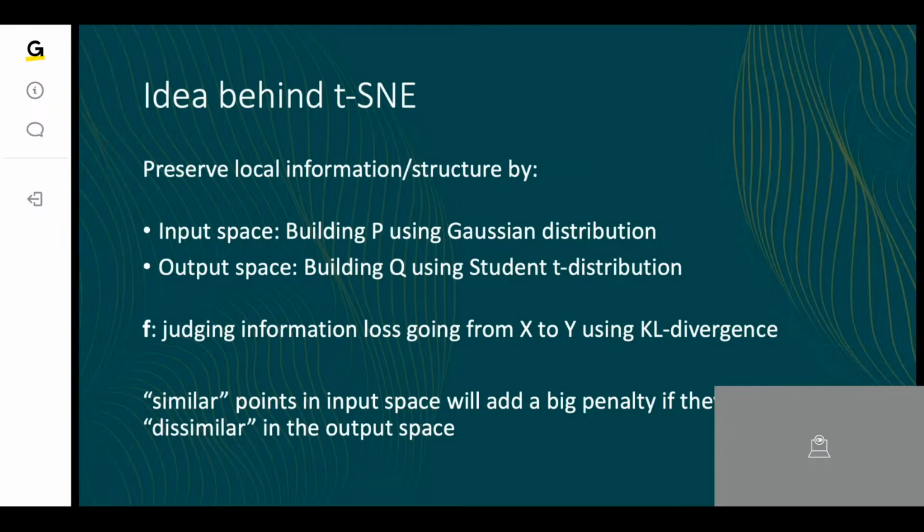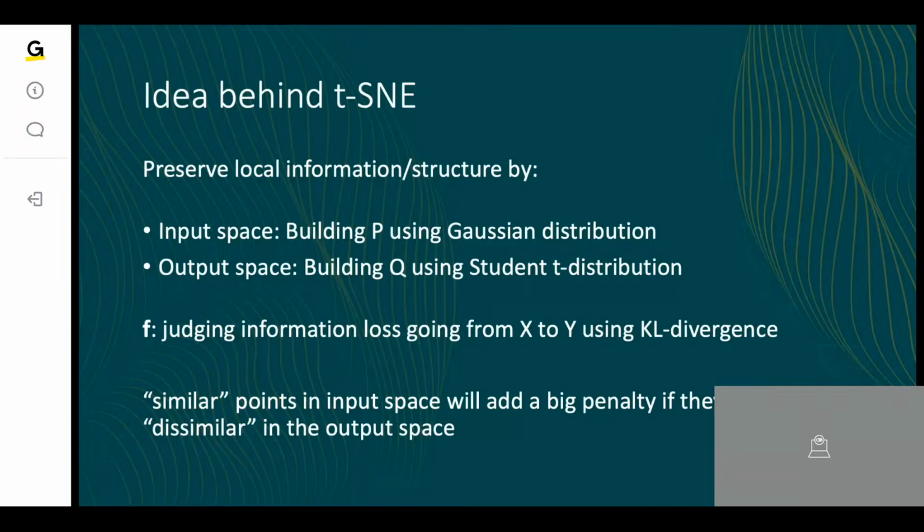Yeah, so essentially, restating it, similar points in the input space should be converted to similar points in the output space, which is, similar points in X get mapped to similar points in Y, but vice versa need not be true.